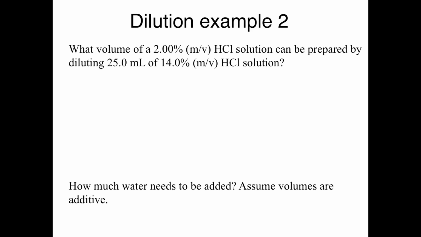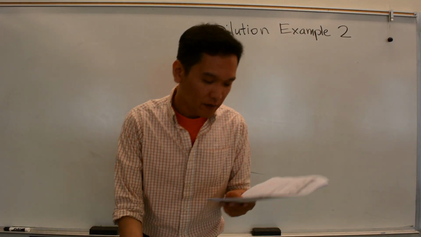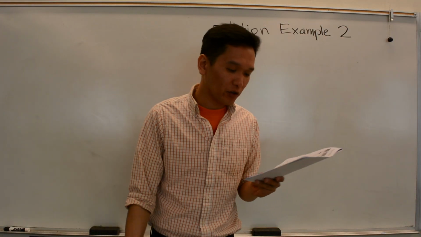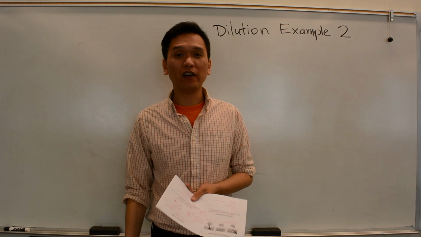This one says, what volume of a 2.00% HCl solution can be prepared by diluting 25.0 ml of a 14% solution? Okay, so again, initially we have a 14% solution and we have 25 ml of that.